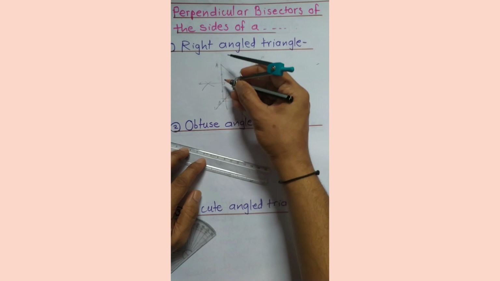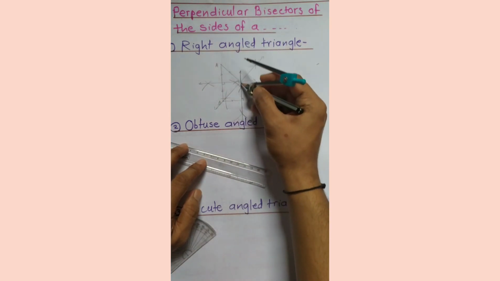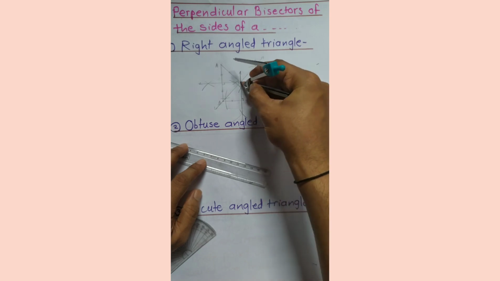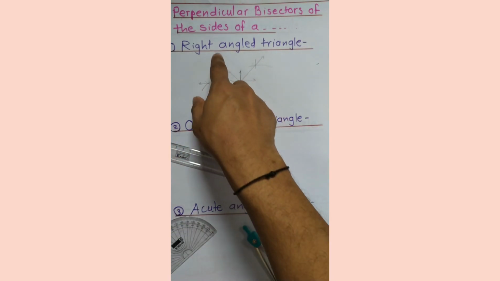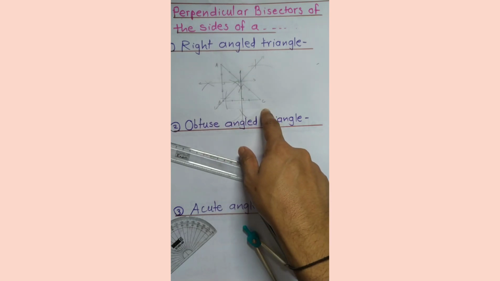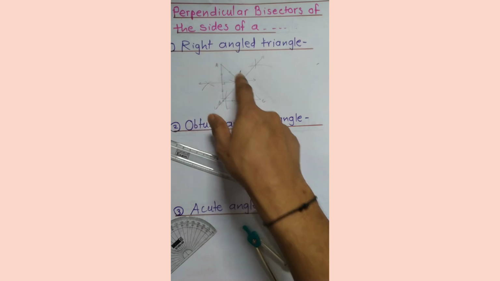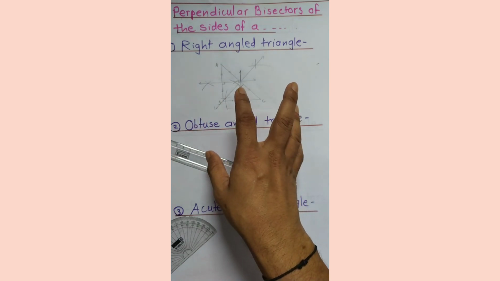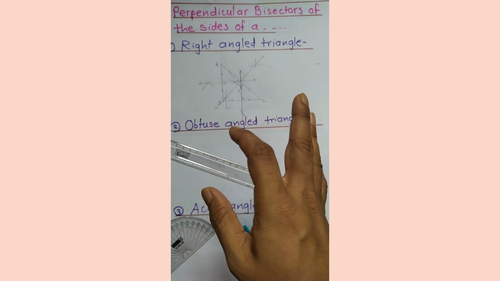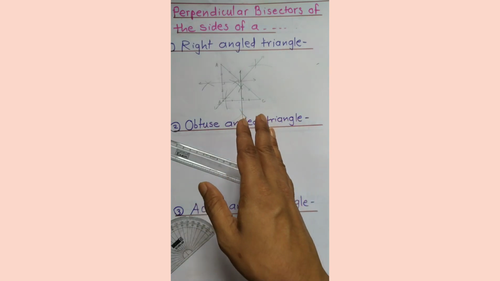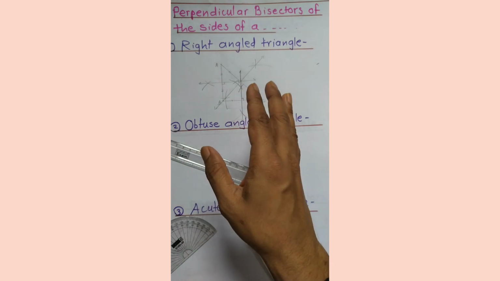of side AB, and we come to know that all these perpendicular bisectors intersect each other at a single point on the hypotenuse. The side which is opposite to the right angle is called hypotenuse. So first we come to know that all three perpendicular bisectors of the sides of a right angle triangle are concurrent.